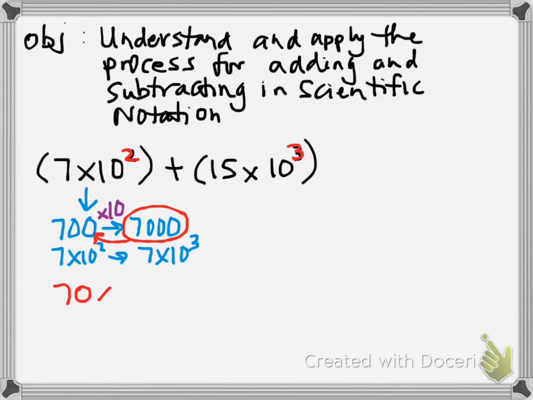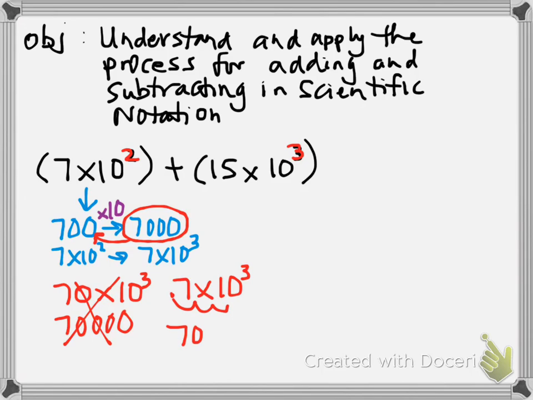If I wrote 70 times 10 cubed, that would give me 70,000. Is that the answer that I need? No. That's way too much. So it's not going to be that. What if I did 0.7 times 10 cubed? If I move the decimal point over once, twice, 3 times, do I get what I started with?